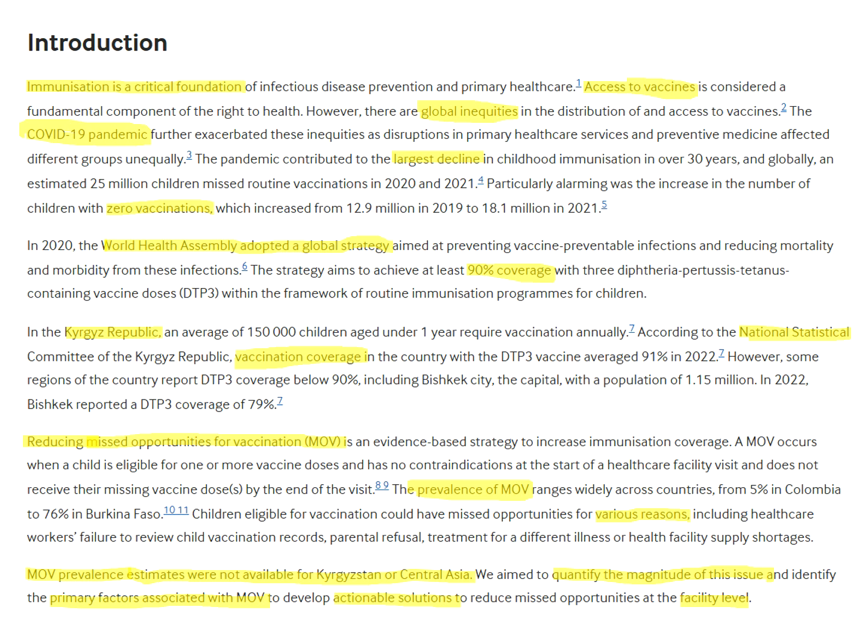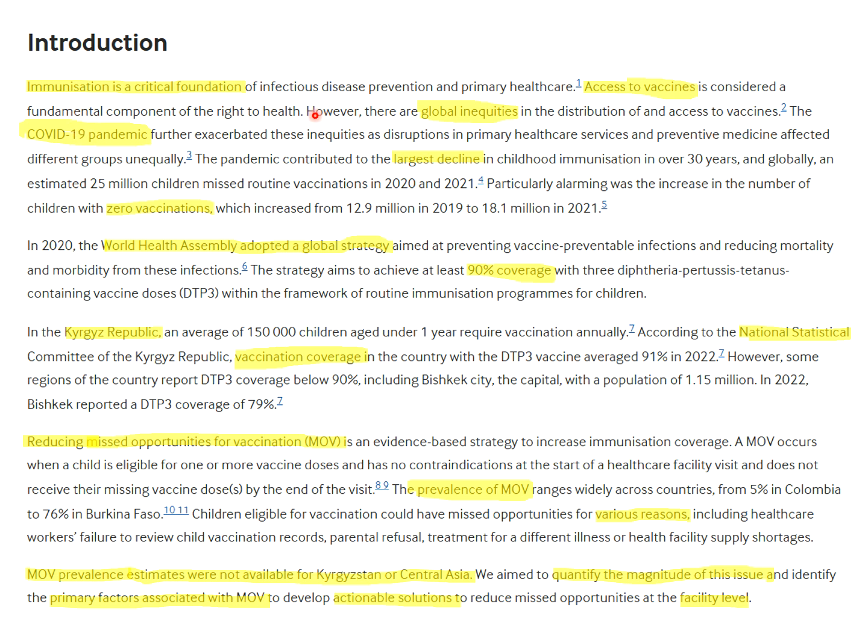So coming to the introduction, for example, if you look at this paper, immunization is a critical foundation of infectious disease prevention and primary health care. Access to vaccines is considered a fundamental component of the right to health. However, there are global inequalities in the distribution of access to vaccines.